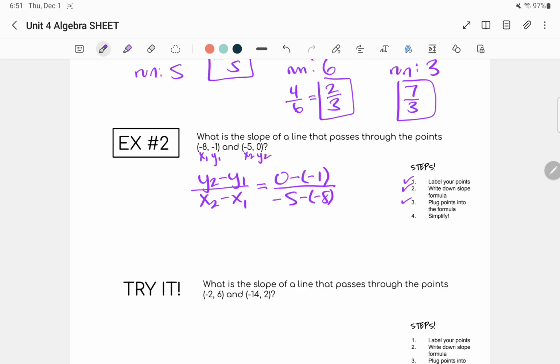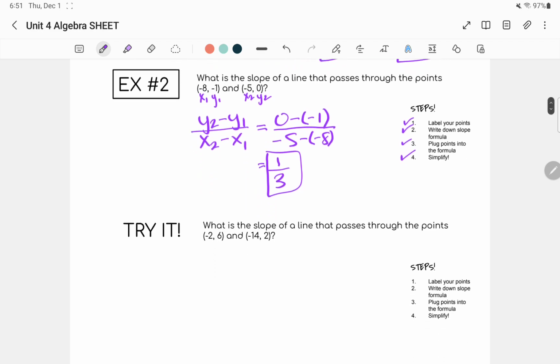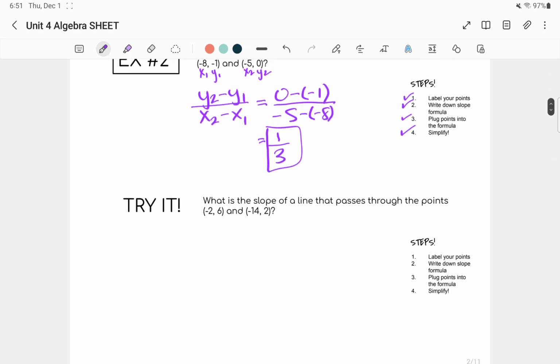And now I just have to simplify. What is 0 minus -1? When I subtract a negative, I really end up adding, so 0 plus 1 is just 1. And then the same thing down here: -5 minus -8 is -5 plus 8, which is 3. So I have 3 down here. So my slope is 1/3, and I'm done.